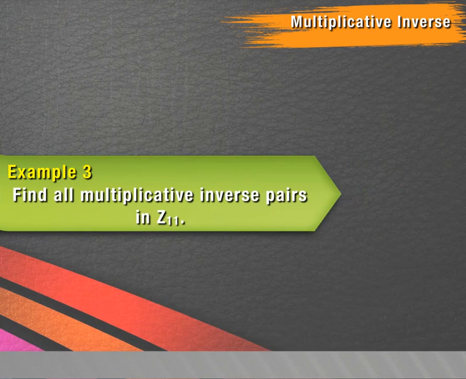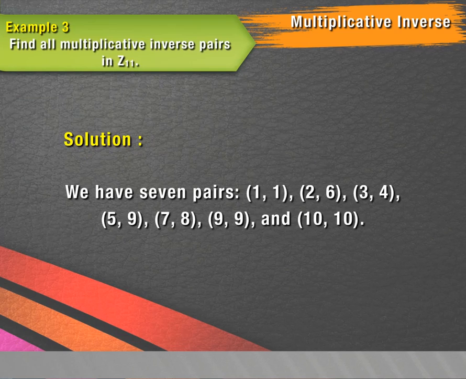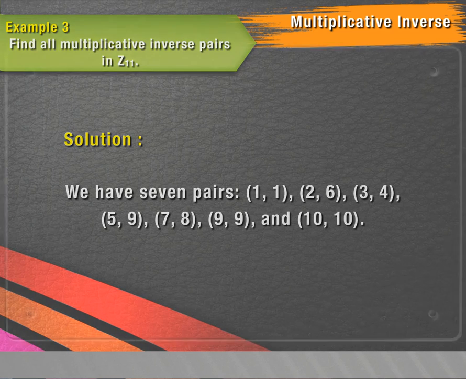Example 3. Find all multiplicative inverse pairs in Z11. Solution. We have 7 pairs: 1, 1; 2, 6; 3, 4; 5, 9; 7, 8; 9, 9; and 10, 10.